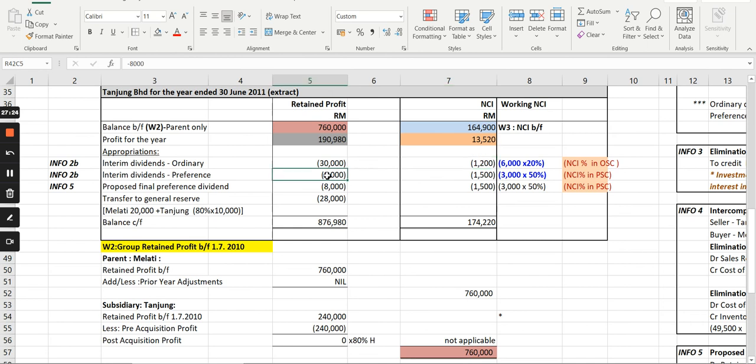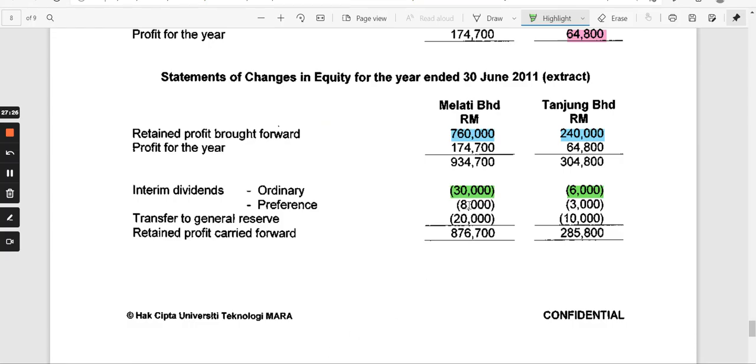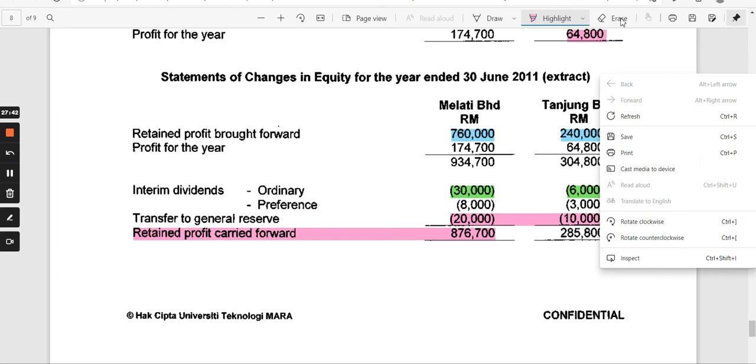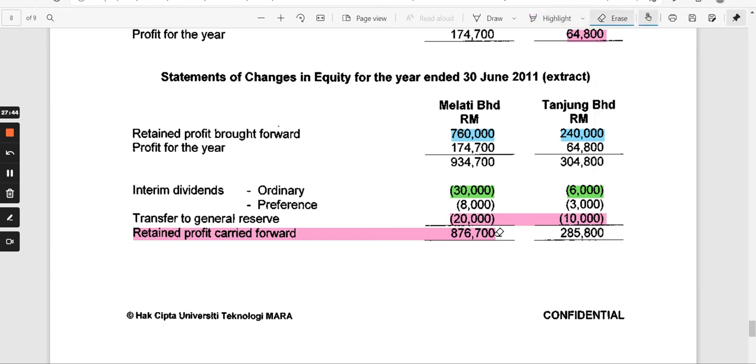Next is the interim preference dividend, this item. Interim preference dividend. This one, for both companies. $20 and $10. $20 just include, $10 you need to take what is your portion.